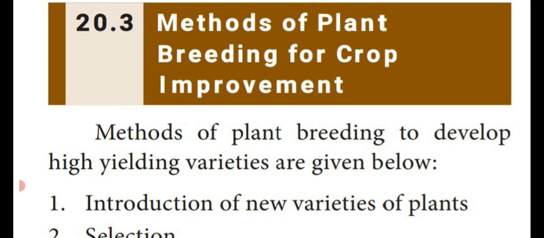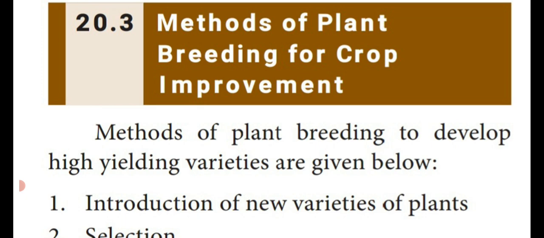So there are different plant breeding methods. Before going to see that, what is plant breeding? Plant breeding is a branch of botany which deals with how to cultivate different crop varieties with different characters and high nutritional value, and also increase the quantity of the crop, producing disease resistant varieties.